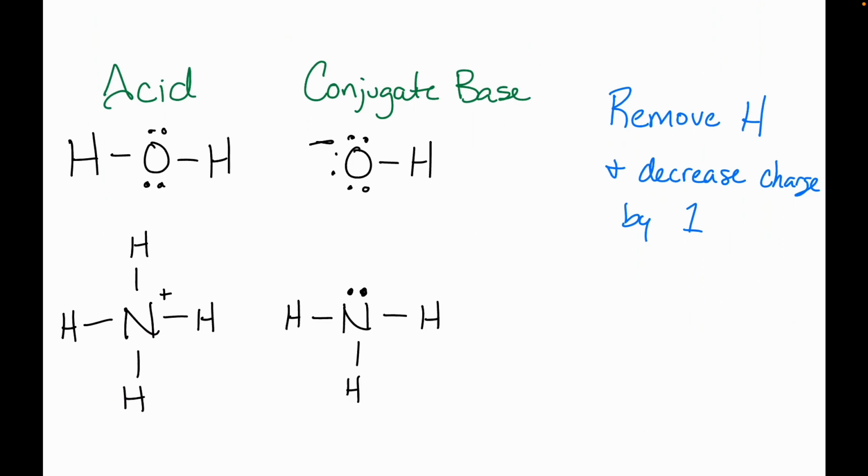So we said the charge decreases by 1. Why is that? Because this bond, this used to be, in this case, an oxygen-hydrogen bond, is now a lone pair on my conjugate base. All right, same thing with our ammonium ion here. This bonding pair of electrons is now a lone pair on that nitrogen.